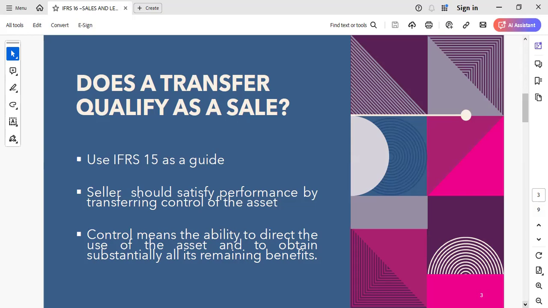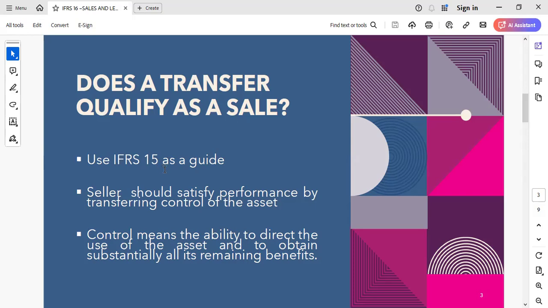So if you want to assess whether the transfer of an asset from the seller-lessee to a buyer-lessor qualifies as a sale, what you would normally do is use IFRS 15 as a guide, which is one of the standards we have also said we are going to be dealing with.